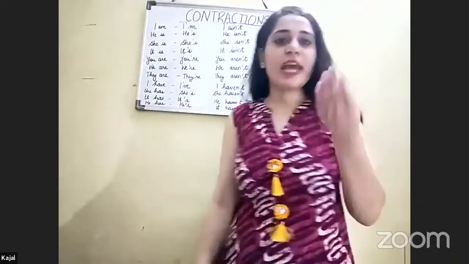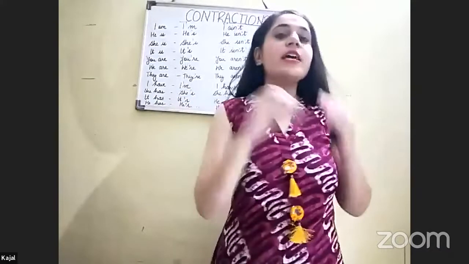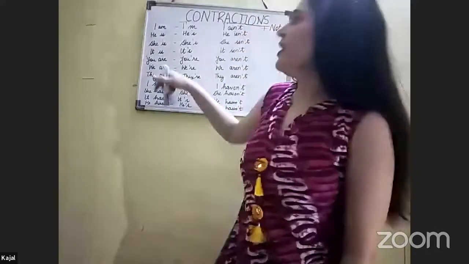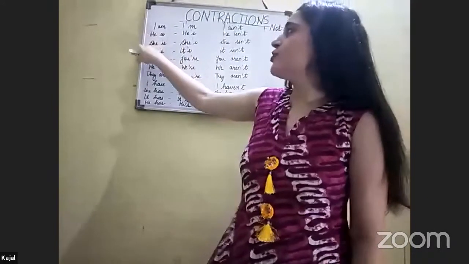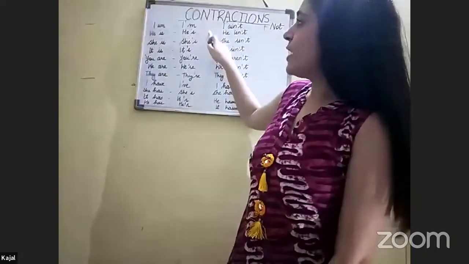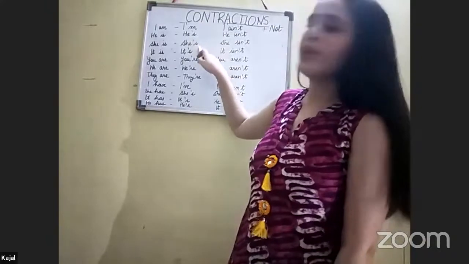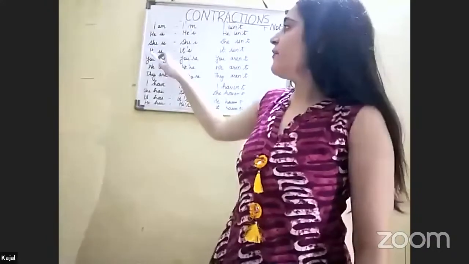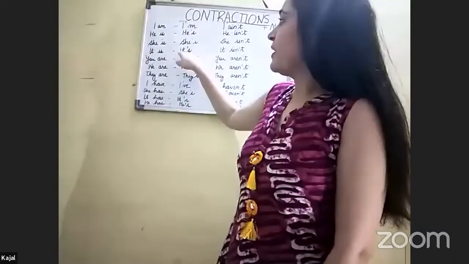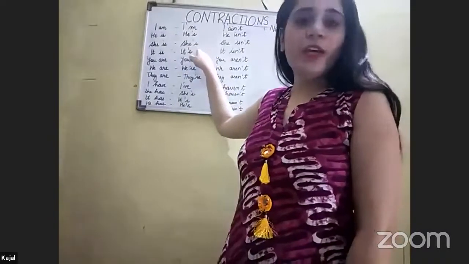We say I'm, I'm going to the park. Then we have he is and she is. The contraction is he apostrophe s, she apostrophe s. In the same way we have it is, and the contraction will be it apostrophe s.